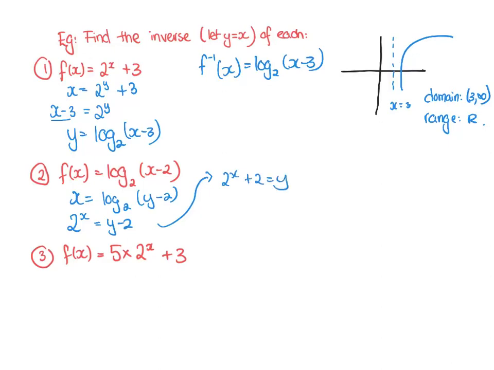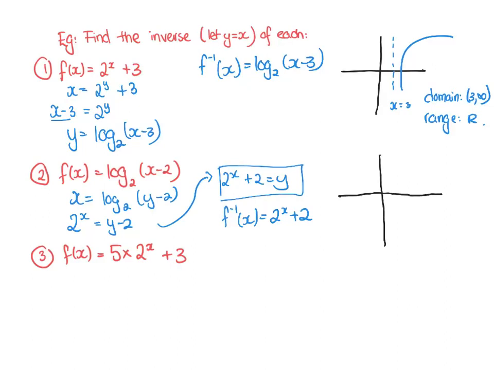So we've got an asymptote on y equals 2, and it's doing something like that. Sorry, bad graph. The domain is actually all real numbers, and the range can be anything above 2, so 2 to infinity.